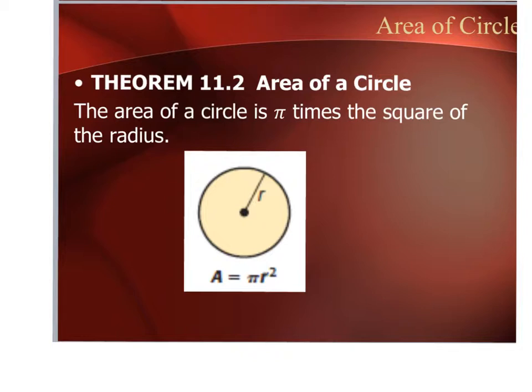So for example, if I told you this radius had a length of, say, 5, my answer here would be 5 squared pi, and you would have to square it and then put the pi symbol. So if it's asking you to leave it in terms of pi, that's all you do. Now, if I tell you use 3.14 for pi, then we'd actually have to multiply it.